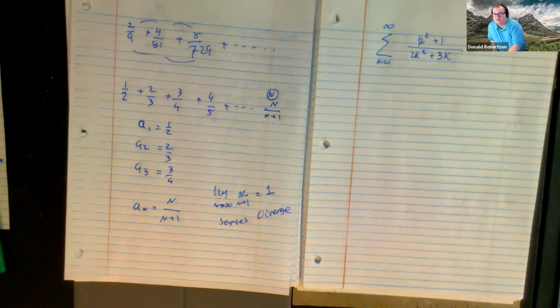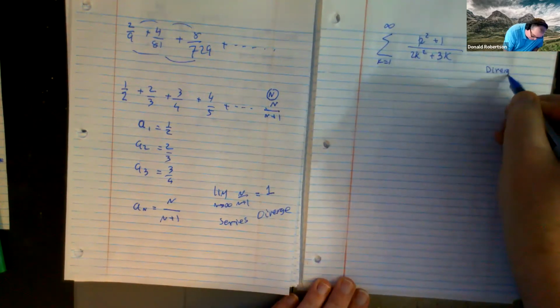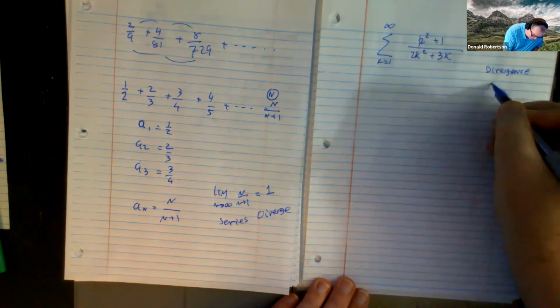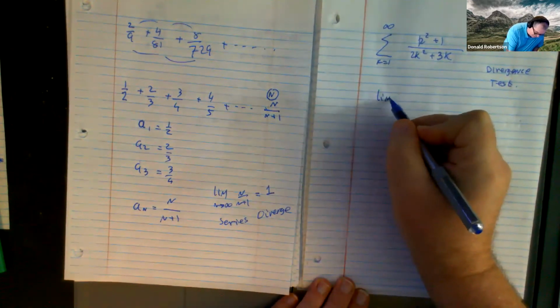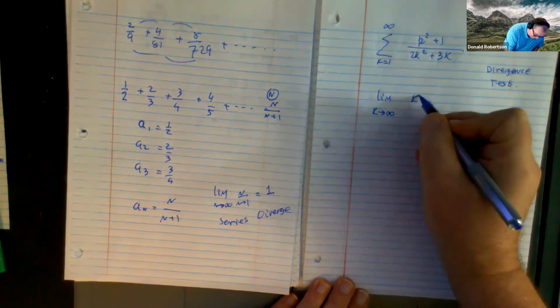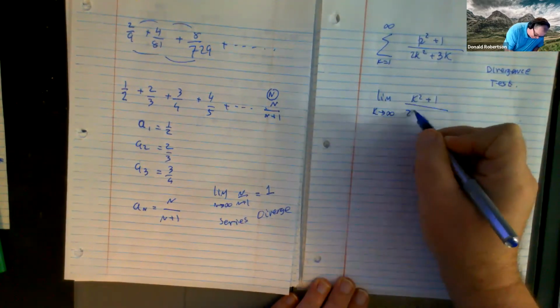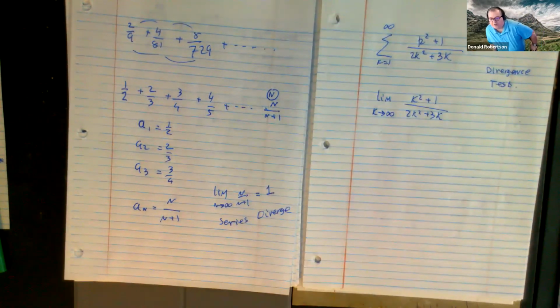That is definitely not a geometric series. Let's do the divergence test on it. I guess they've decided to use K just to be a different letter of the alphabet. Do you notice what the limit of that is as K goes to infinity?